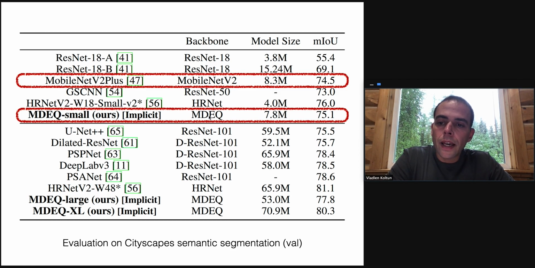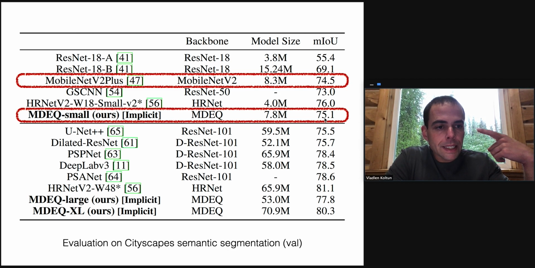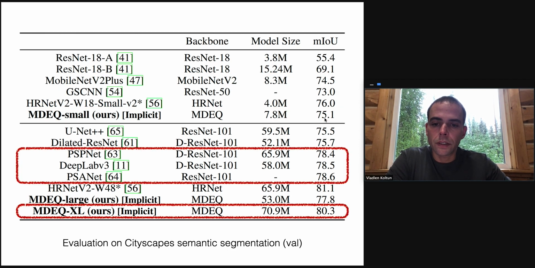And what we see is that the small Mdeck, with a comparable number of parameters, actually a bit smaller than MobileNet V2+, surpasses its accuracy. So the Mdeck outperforms a strong convolutional network that was published only 2 years ago, while taking a radically different approach that has only a single layer, a radically different approach to modeling in this field.